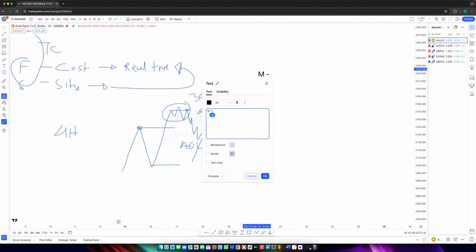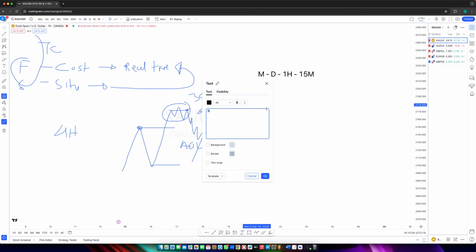From monthly we have daily, from daily we have 1 hour, from 1 hour we have 15 minutes. Sorry, let's remove the 5 minutes. This is the monthly time frame coordination.